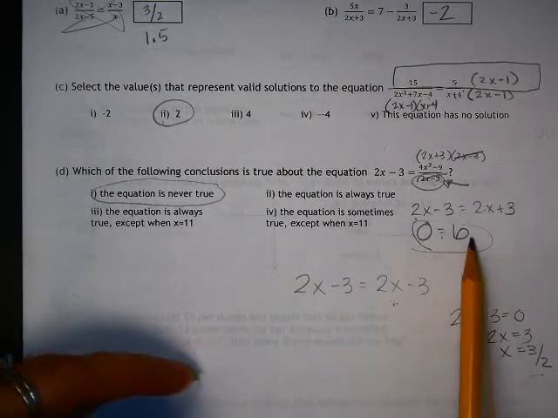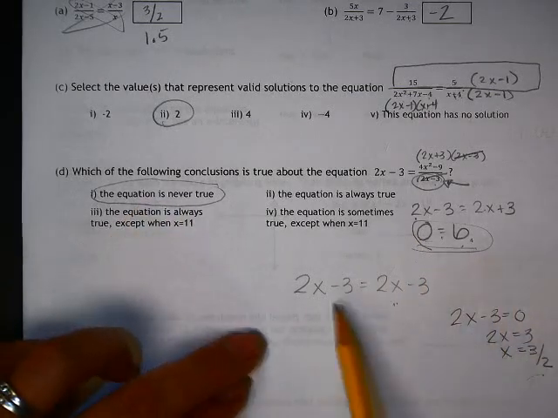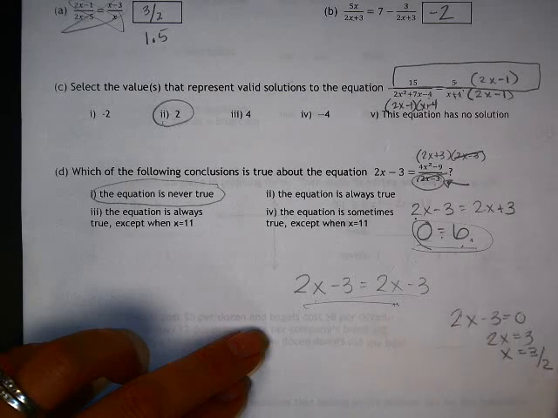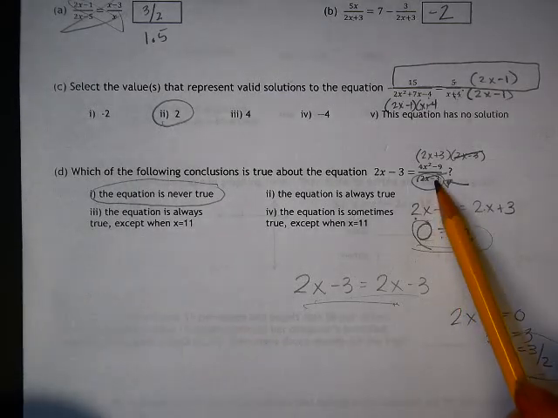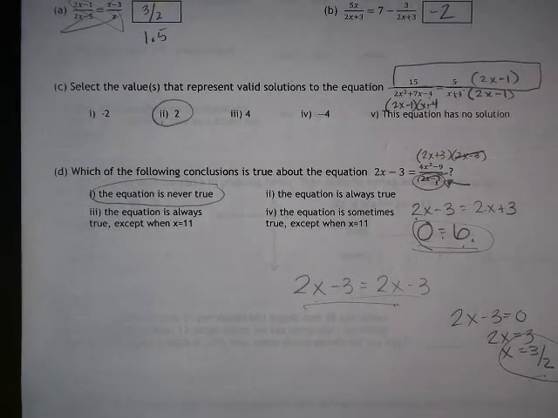So if this is your answer, that's so wrong, it doesn't work, so we say never true. And if we get this as your answer, we say it always works except for you can't have a 0 in the denominator. So that's kind of why we have this always true, never true, except sort of things. Good luck.